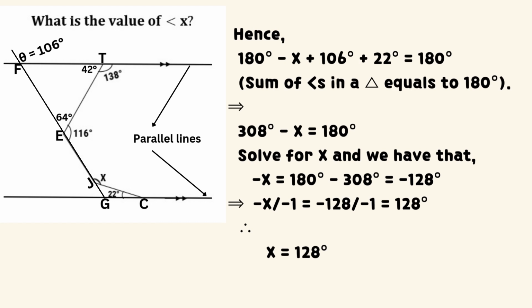Solve for x and we have that negative x equals 180 degrees minus 308 degrees, which equals negative 128 degrees. It implies that negative x divided by negative 1 equals 128 degrees.